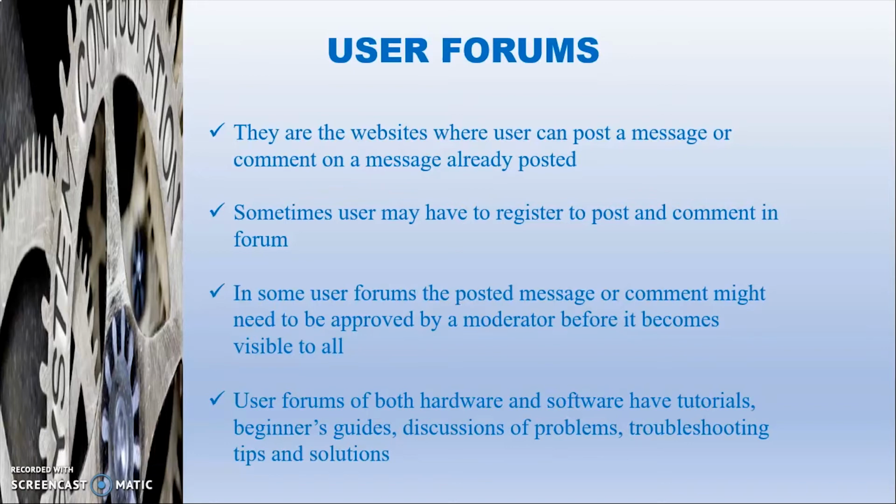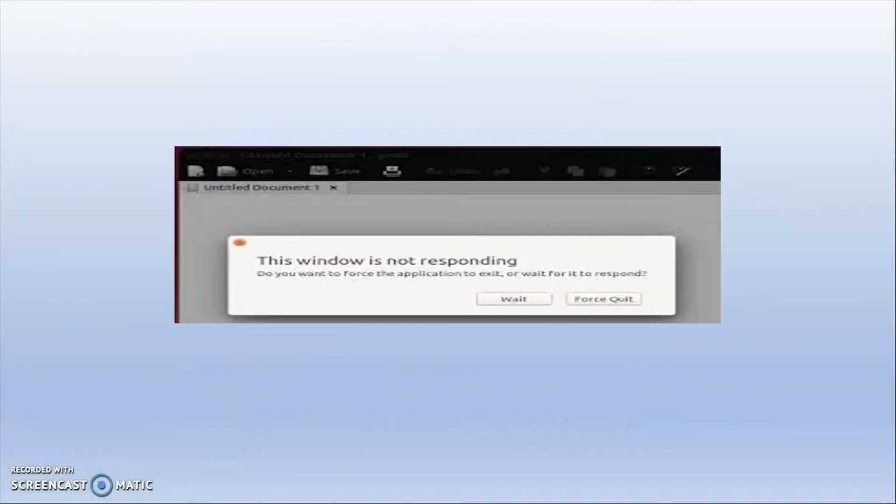Then we are going to see monitoring system and processes. Sometimes an application stops responding while we are working on it. Then what should we do? For this, you have to seek the help of the task manager.